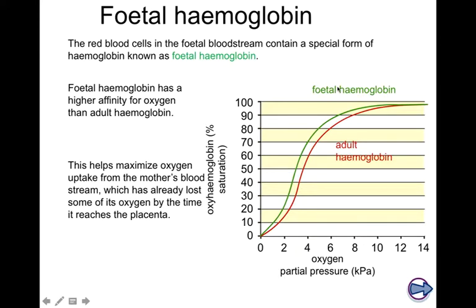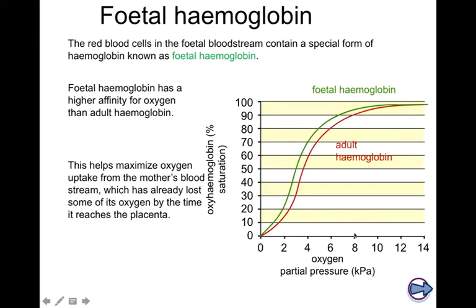The critical thing, whenever you're looking at any of these graphs: if the curve is to the left, you want to be talking about association of the oxygen onto the red blood cells. If the curve's to the right, what you're talking about is disassociation at the respiring tissues. If you stick to that, the chances are you'll tend to get the marks. So look, the fetal hemoglobin is shifted to the left.